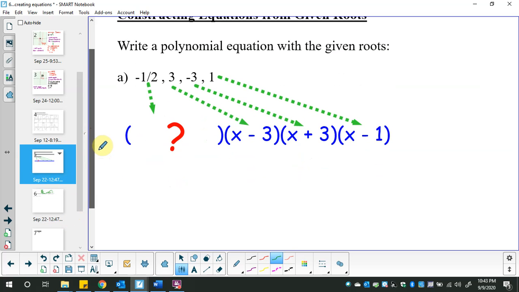So based on the last questions, which were polynomial functions, you should have minimal problems figuring out what bracket 3 comes from, what bracket -3 comes from, and what bracket 1 comes from as far as the roots go.